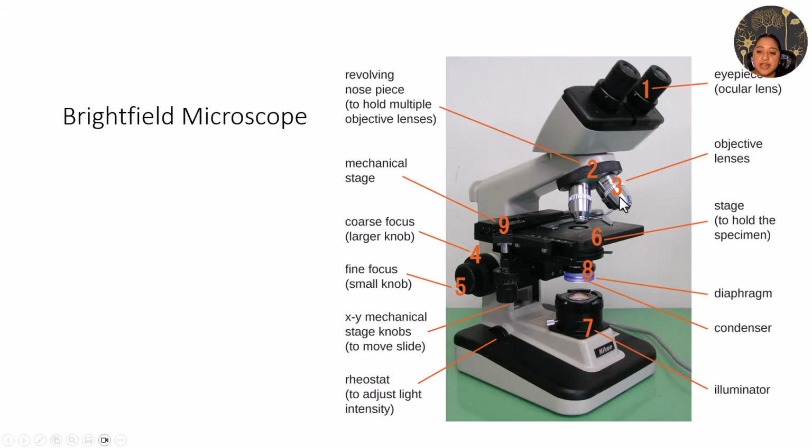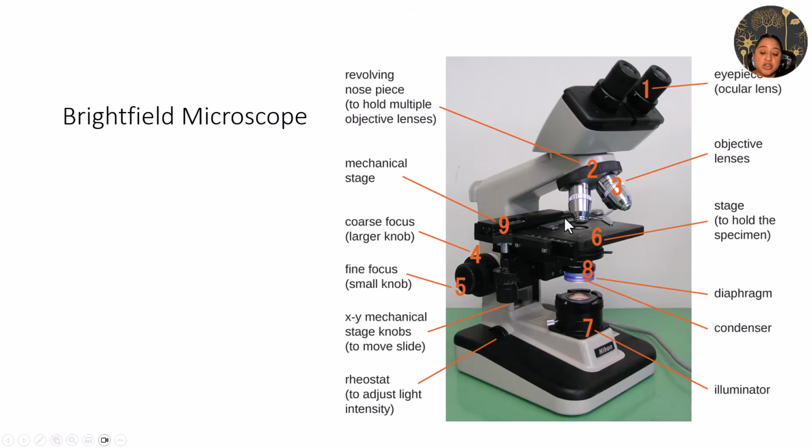You can rotate them out, so you can get a more far away view, and then a closer view, with the different objective lenses in place. Again, the ones in lab are going to look a little bit different, but that's still a part that you see. To rotate the objective lenses, there's a revolving nose piece, and you just turn it and it turns a different objective lens into place.